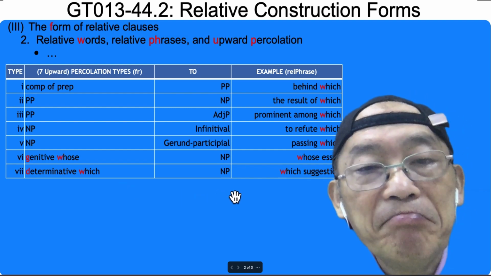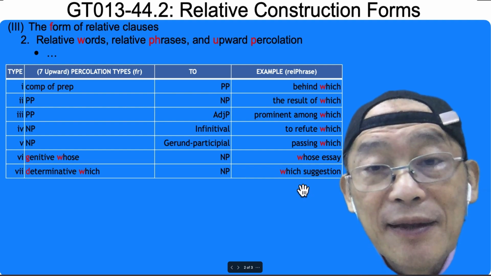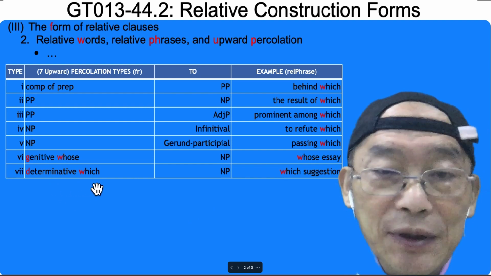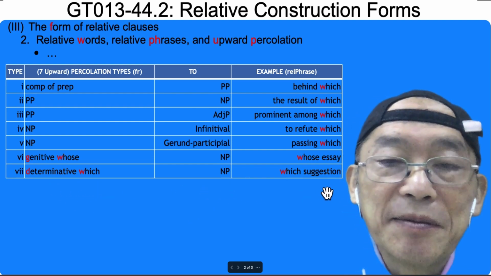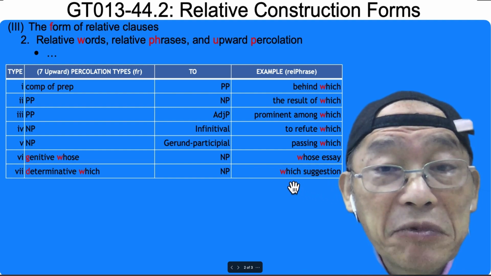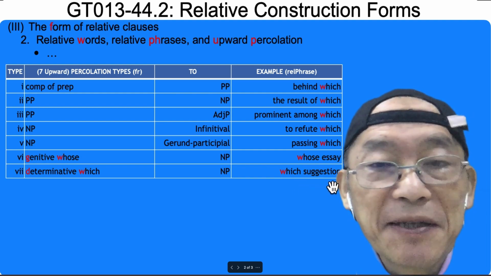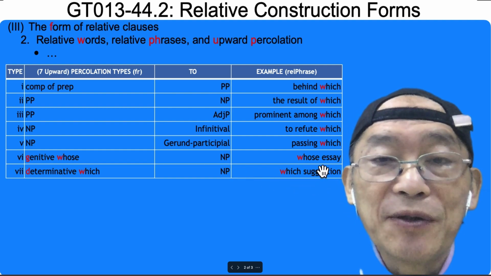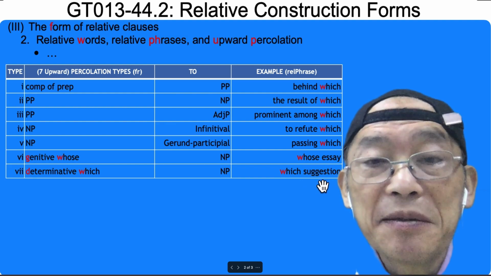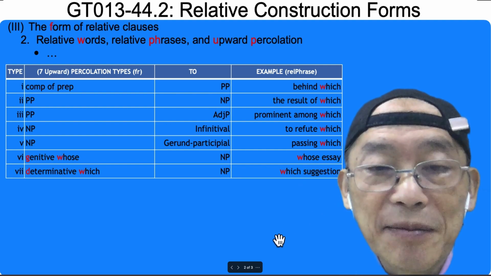Determinative which, let's check, which suggestion, yeah, determinative, like the house, the suggestion. Determinative which, from noun phrase to again a whole noun phrase, yep. This whole thing is a noun phrase, whose essay, yeah. Genitive and noun phrase, determiner and noun phrase. This whole thing is a noun phrase.